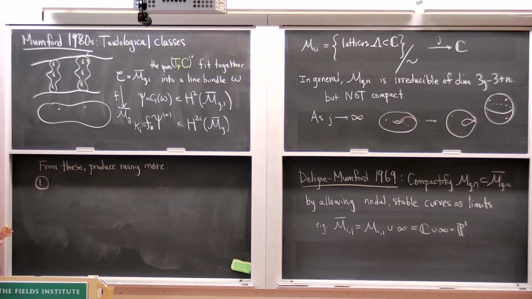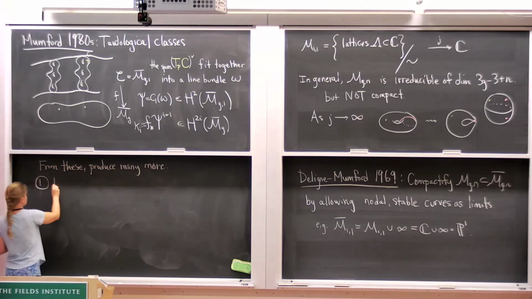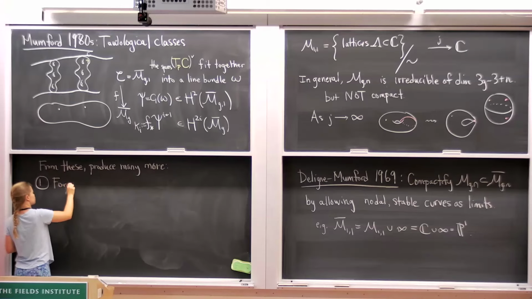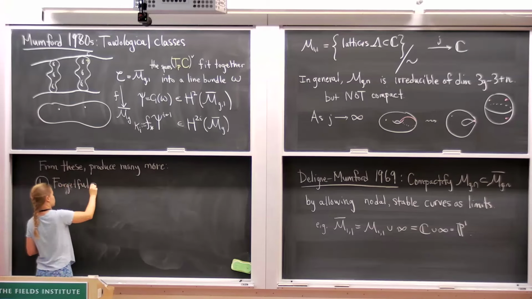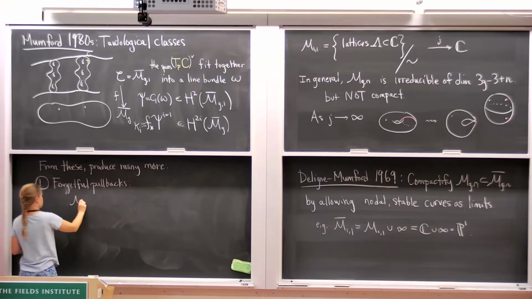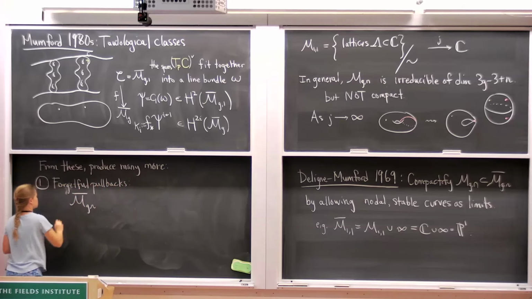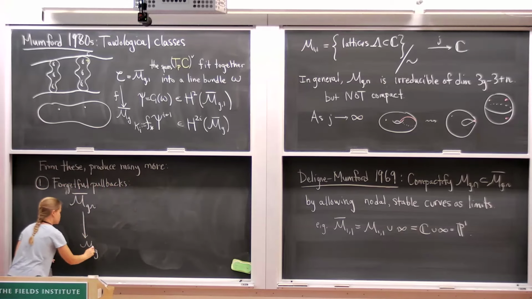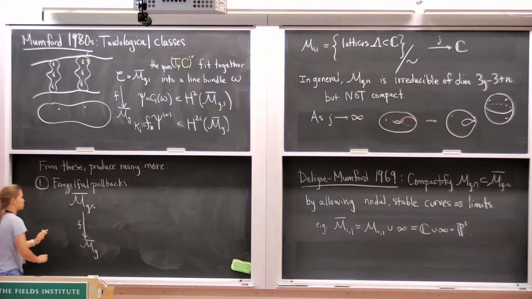And they're going to take advantage of the maps that we have between different moduli spaces of curves. So the first step is to take forgetful pullbacks. So what I mean is that I have a map from Mgn bar to Mg bar that just forgets the data of my marked points.